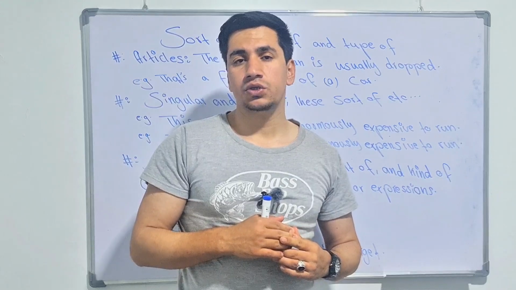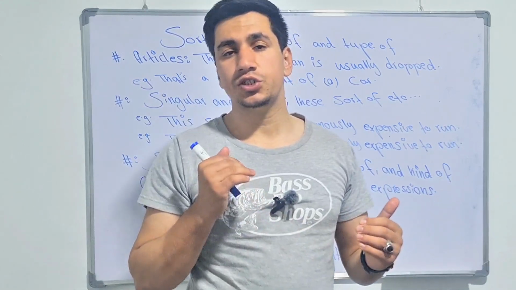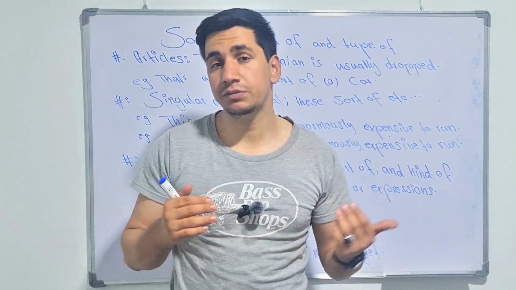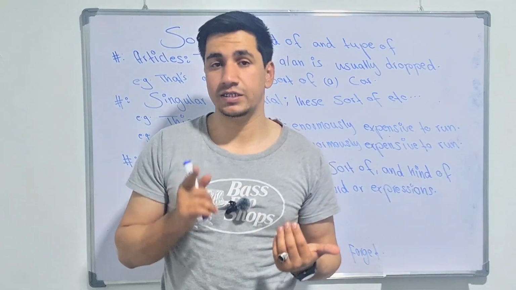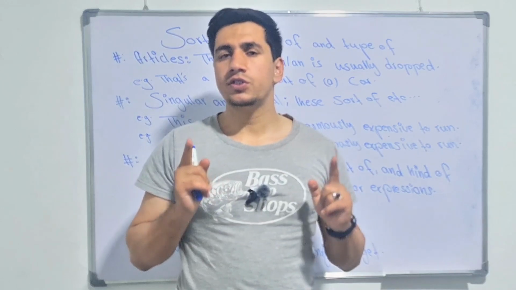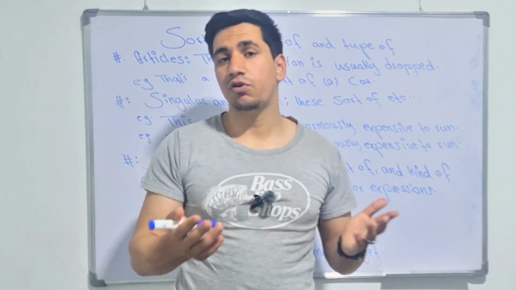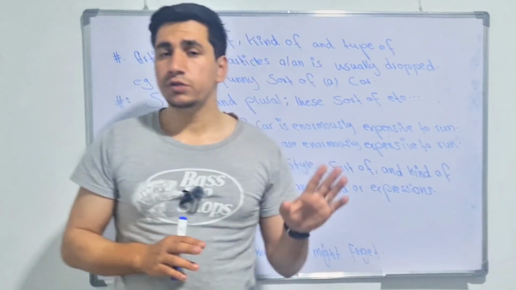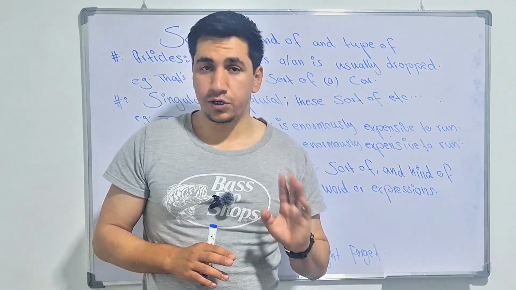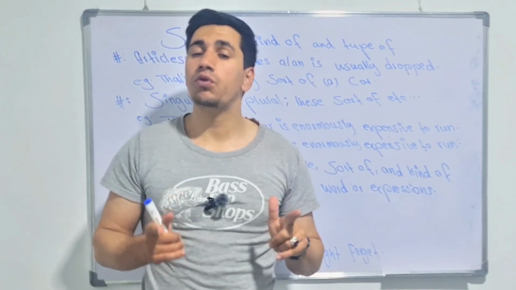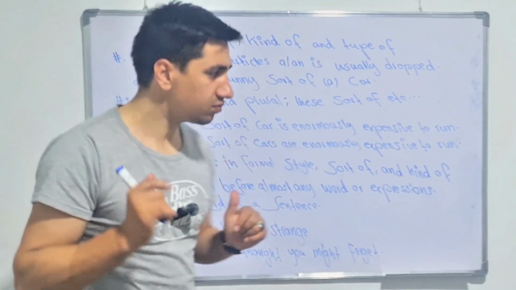I'm not saying you can't use the article. It is still possible, but it will be considered informal. Try to consider formality and informality, and then it will certainly be correct. As I told you before, the article is still possible, but it is going to be informal, not formal.